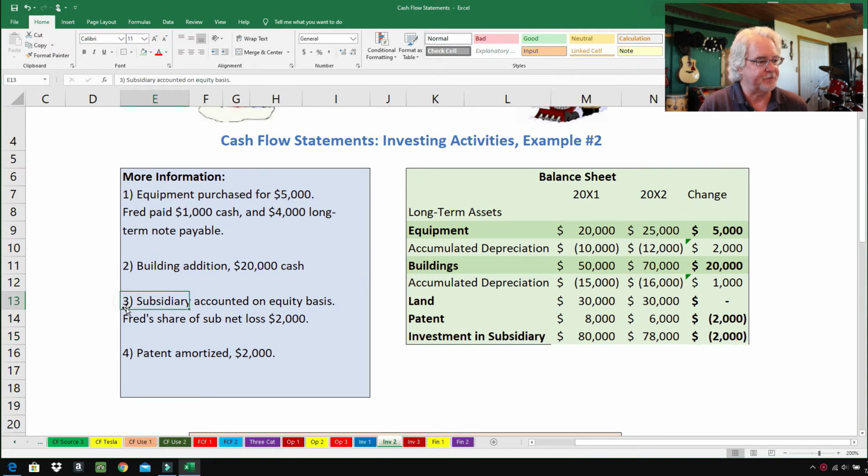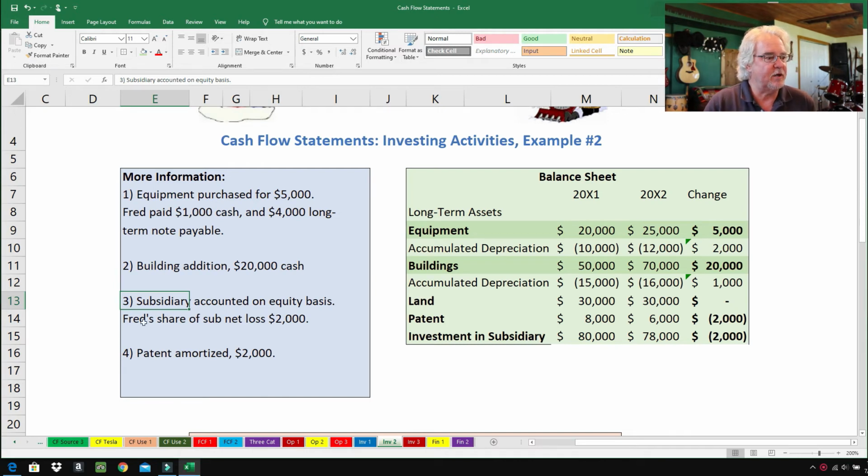So number 3 here, subsidiary accounted on the equity basis. So if you recall the equity basis of accounting for investments, whenever the parent company, which is Fred in this case, Fred Snowblower Service, receives dividends, you deduct out those dividends. And whenever the subsidiary earns net income, Fred would claim a portion of that.